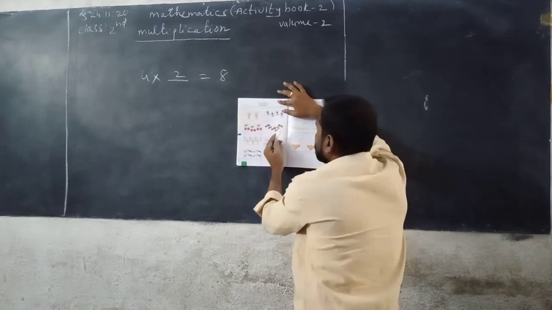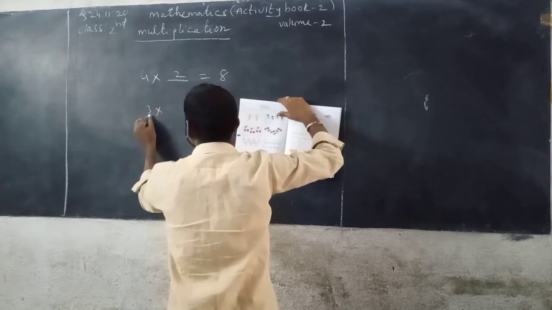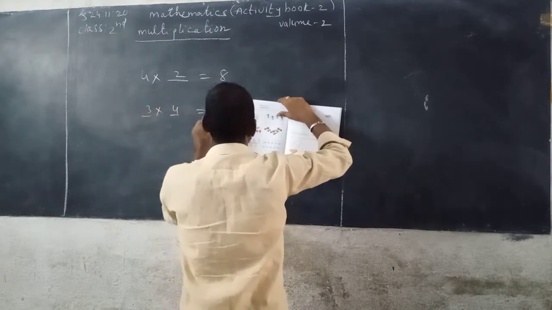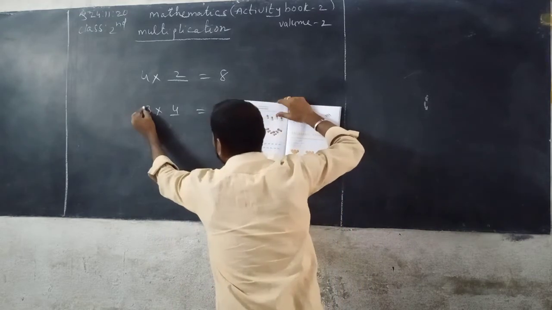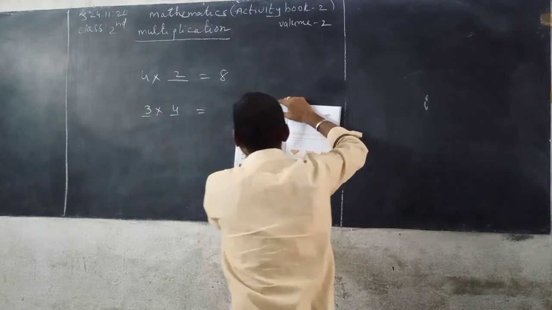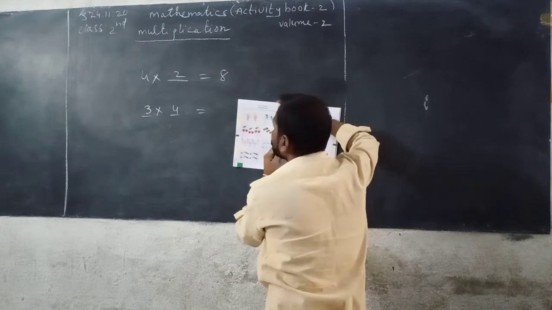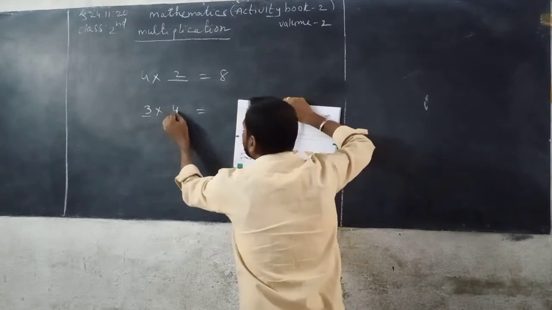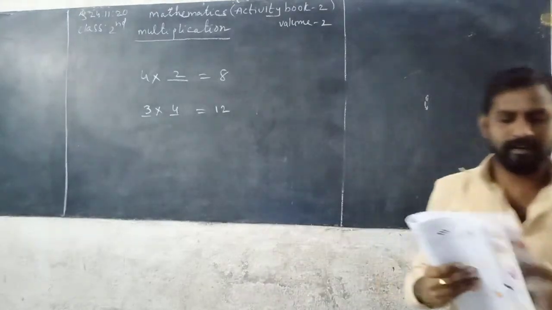Then you can write 3 balloons in each group, and 4 times repeated. Means 3 fours are 12. Everybody write down.